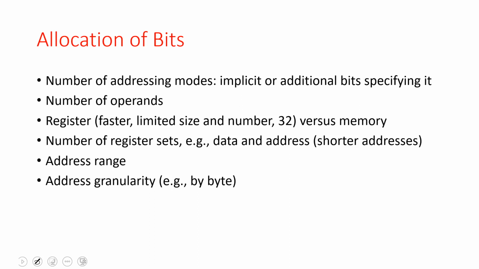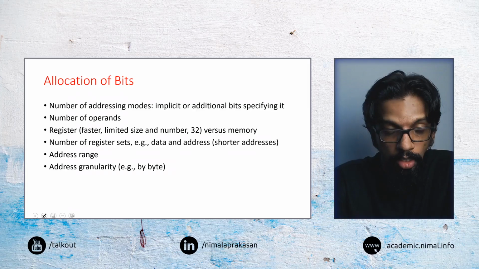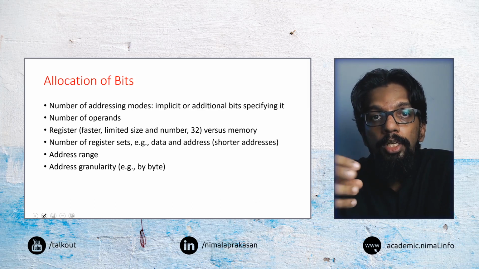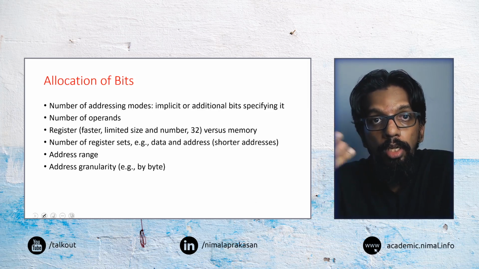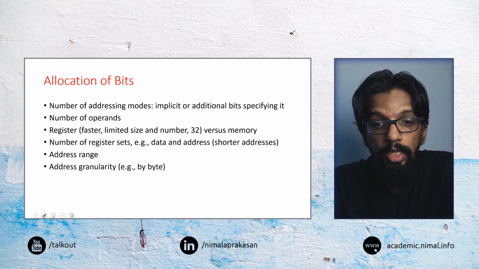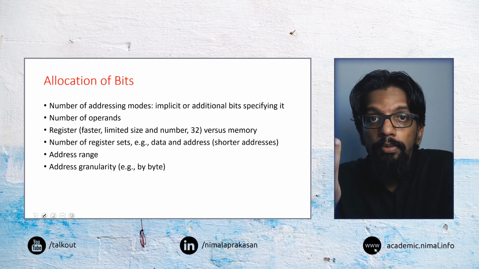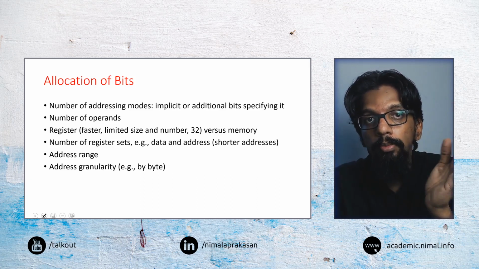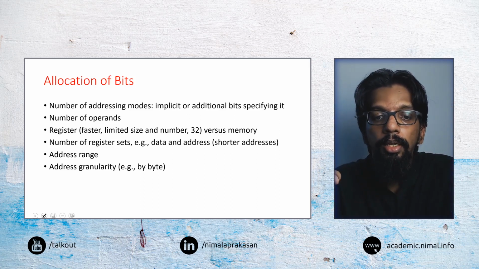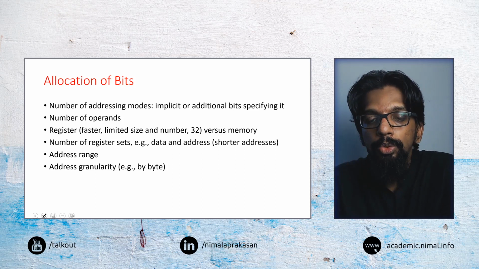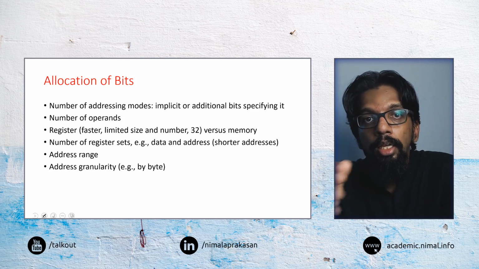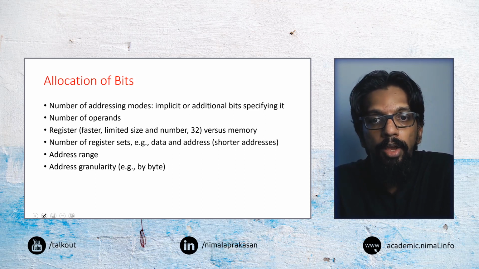Then when it comes to allocating the bits of an instruction to various things, it will depend on the addressing mode that is being used, the number of operands that we have, whether the instruction is going to get things from the register or the memory, the number of registers that we have, and the address range that is available, which would dictate the length of bits needed to specify an address.